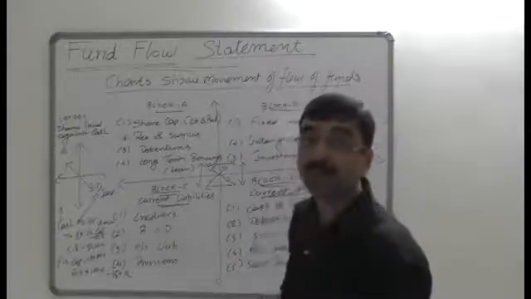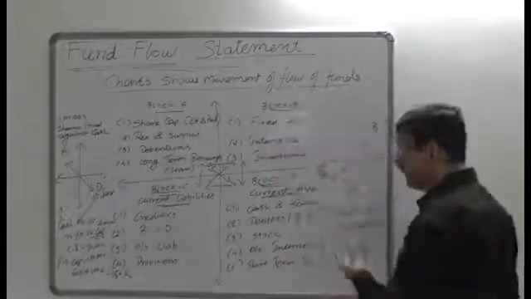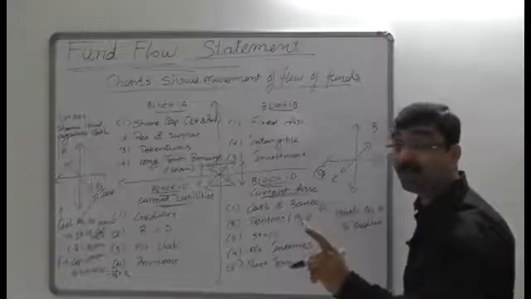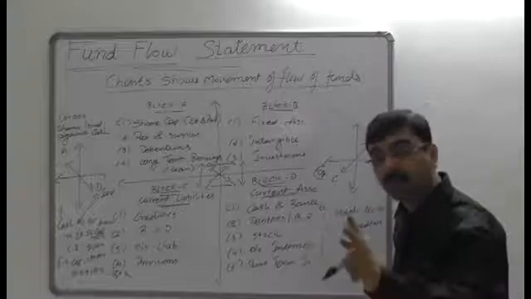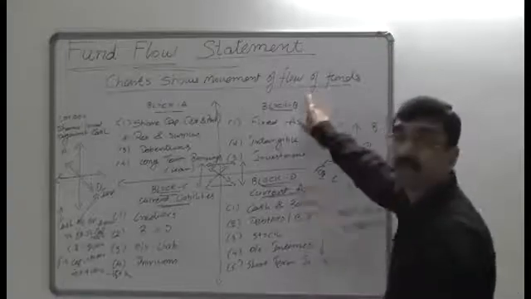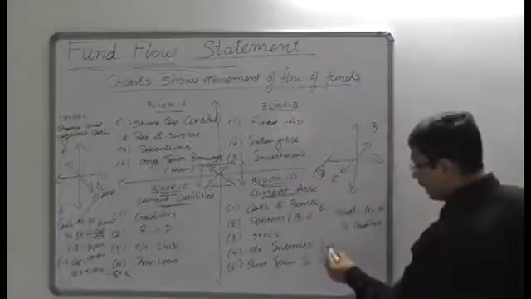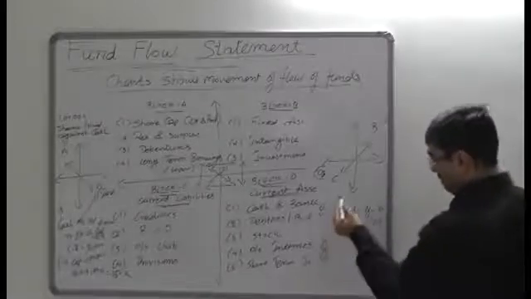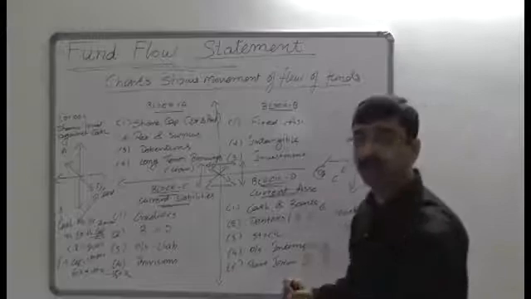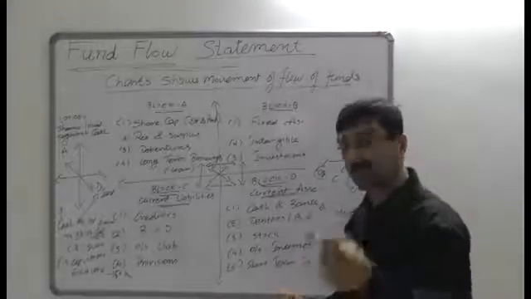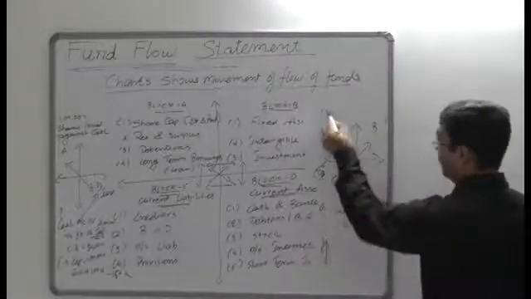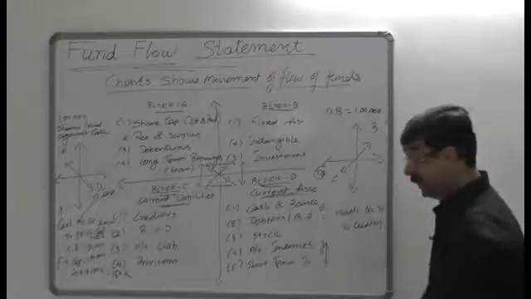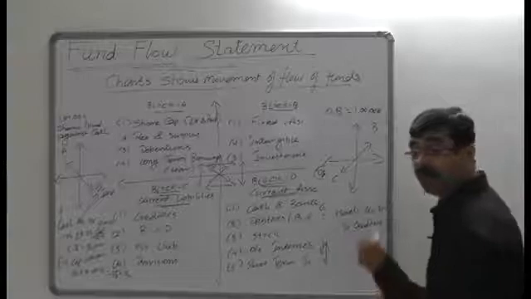Now we want to see whether this transaction affects cash or working capital; in both cases it will affect the flow of funds. Machinery comes into the business, so machinery increases. Suppose the machinery opening balance is rupees 1 lakh, and you purchase machinery of rupees 1 lakh.